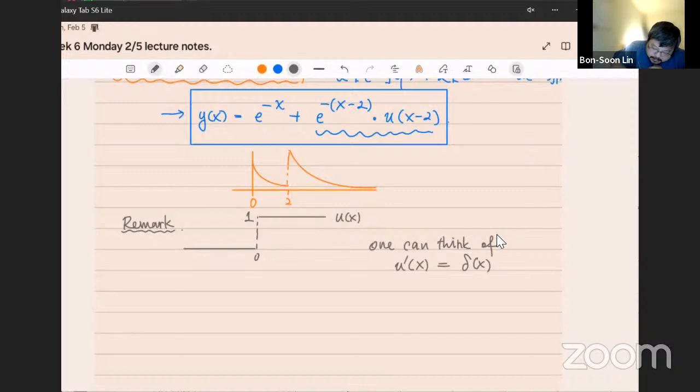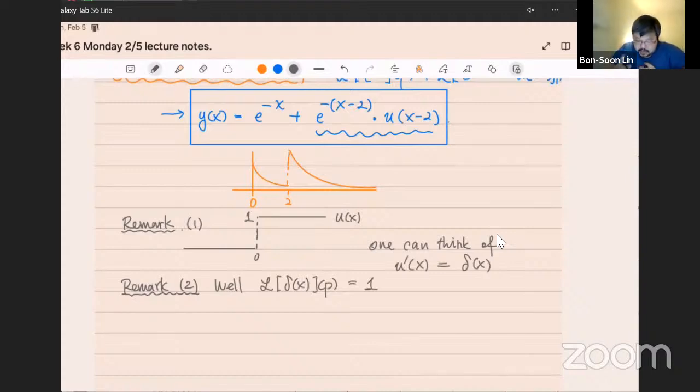Kind of bizarre, right? Remark number 2. Well, the Laplace transform of delta of x, as a function of p, is the constant 1. This is an interesting Laplace transform. Does this 1 satisfy the behavior theorem? What's the behavior theorem? Do you remember?